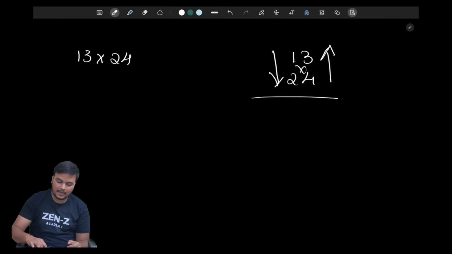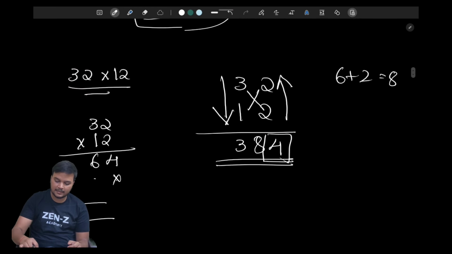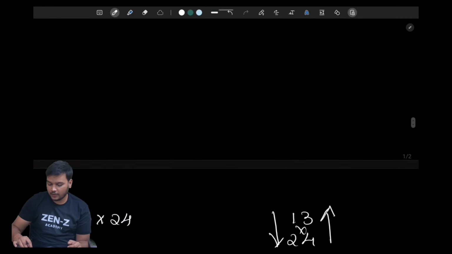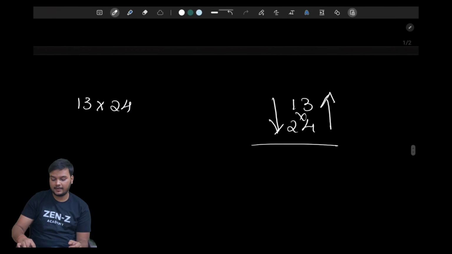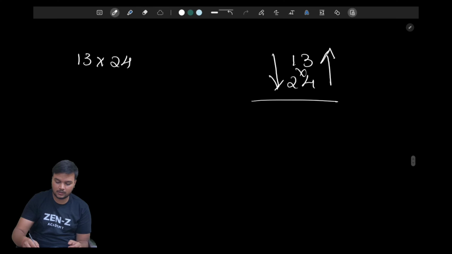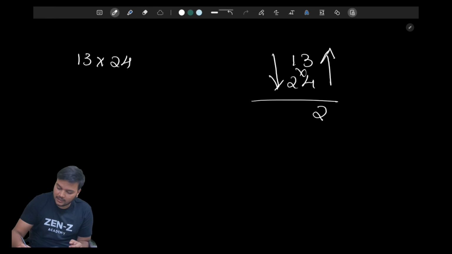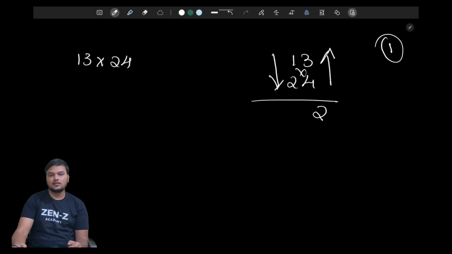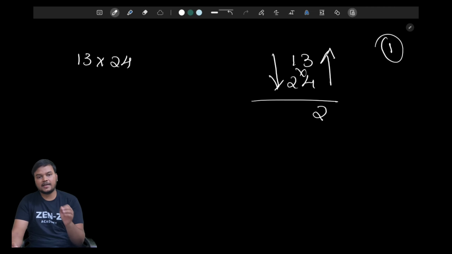As you see in the last sum, we were getting a single integer here, but now we are getting a double integer with a carry. So 4 3s are 12. Write 2 here, take 1 as carry. Now any option which is ending with 2 is your answer. You can mark it and go.